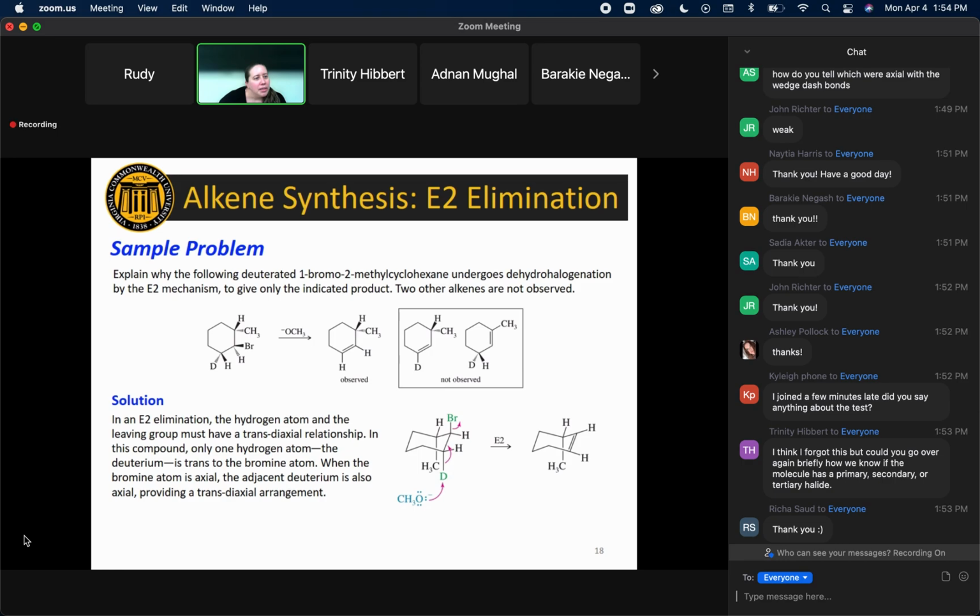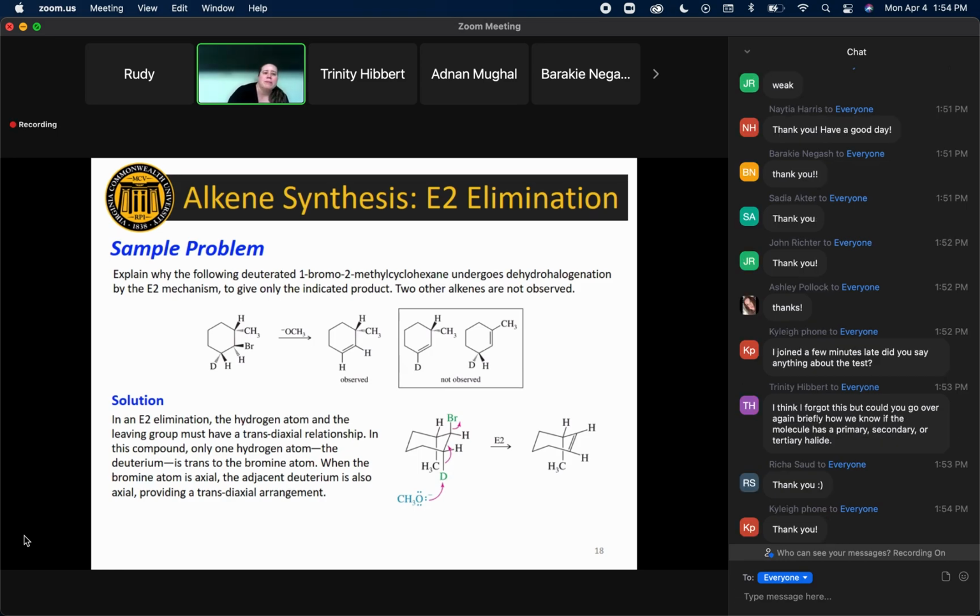And then somebody wrote how to tell if it's a primary, tertiary, or secondary halide. So in the case of what we're talking about here, whatever halide it is, it's named for the substitution level of the carbon that it's attached to.